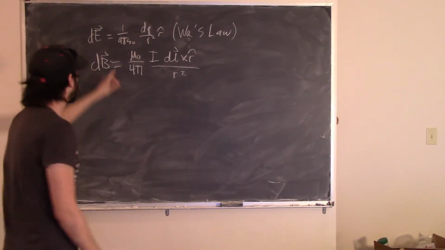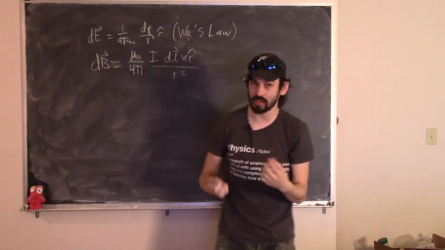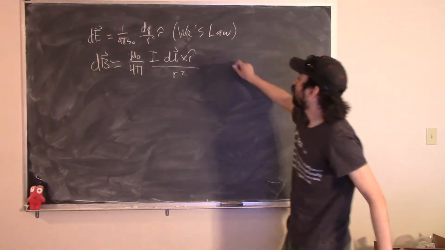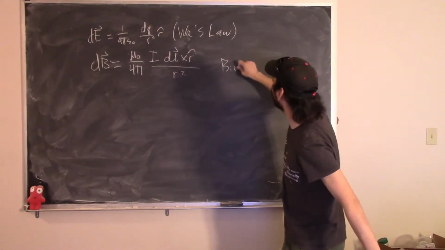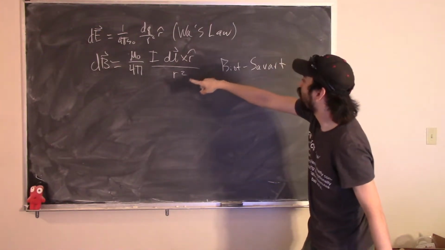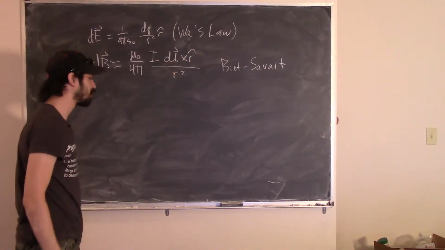This equation allowed us to calculate the electric field from some infinitesimal charge. This equation allows us to find the magnetic field from some infinitesimal little piece of current.